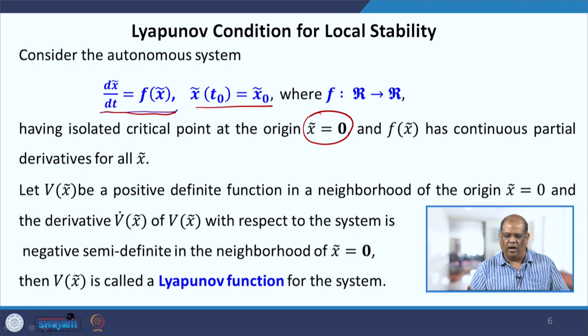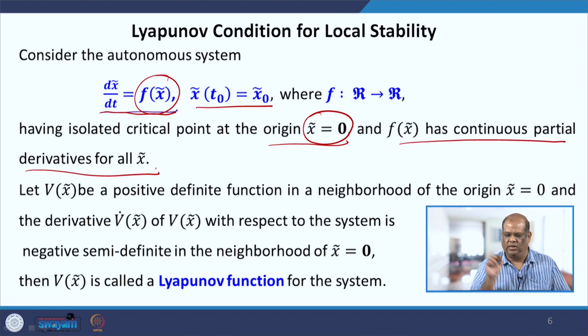If there is an x star as the critical point, the same thing holds true, or you can shift the origin to x star. So, this system has a critical point x equal to 0 and this function has a continuous partial derivative for all x.